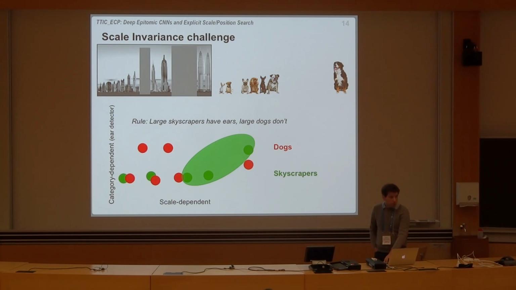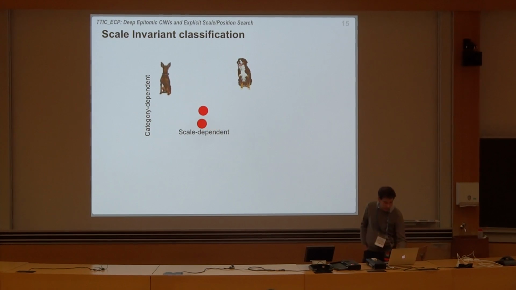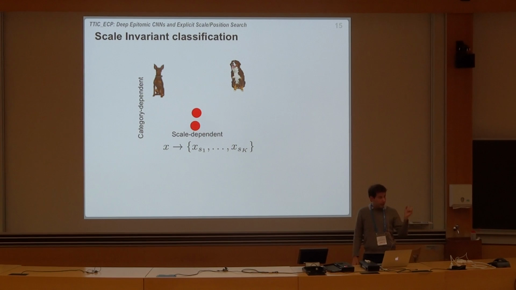One thing that we can do is modify our image, change its scale, and then accordingly change the resulting features. As we upsample the left image and downsample the right one, our features have a trajectory in feature space. So practically, rather than having a single feature, we have a set of features, and rather than having a single classifier score, we have a set of classifier scores.